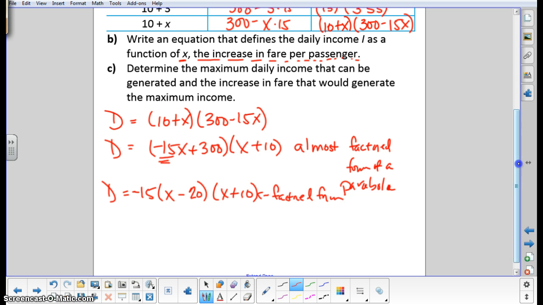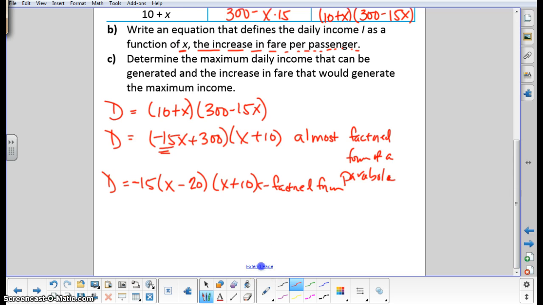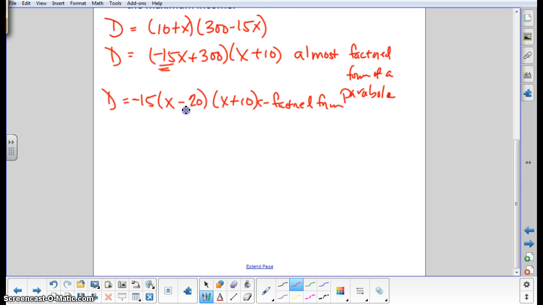And how are we going to convert that to the vertex so that we can find the top of the parabola? Well, you guys know that this is R1, and this is R2, but it's minus R2, so that's a negative 10.